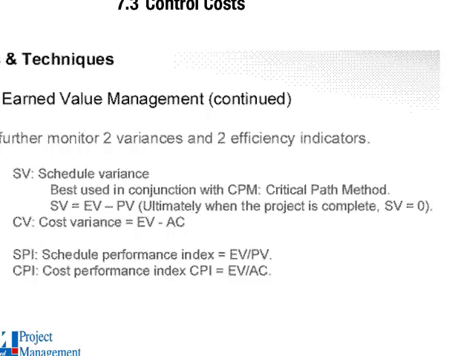So your EV is greater. You're ahead of schedule. You're doing better than planned, right? So remember that for these two, when you get any of these indexes greater than 1, you're doing better than planned.